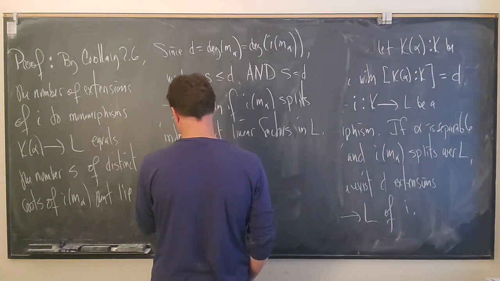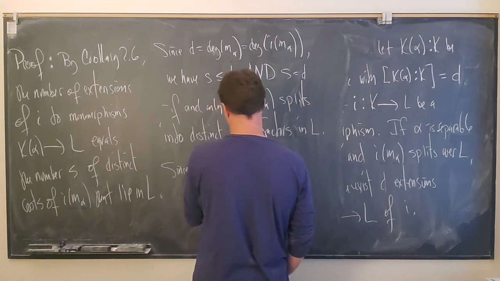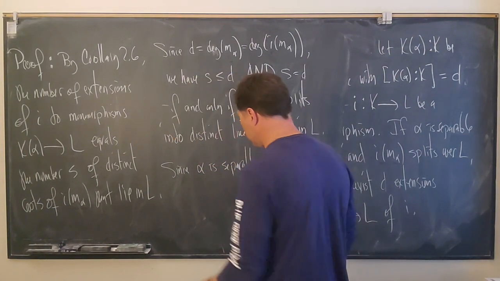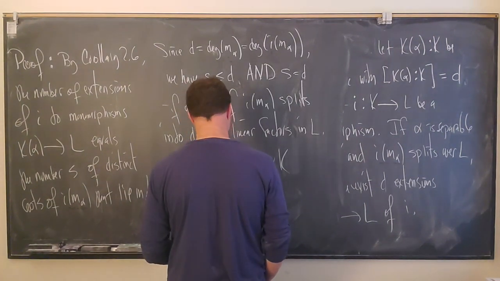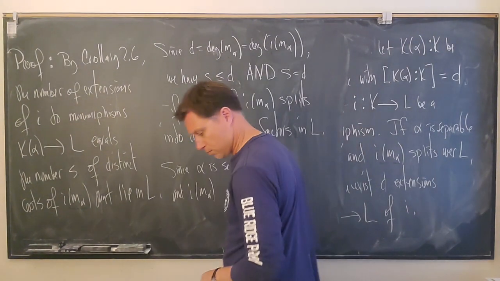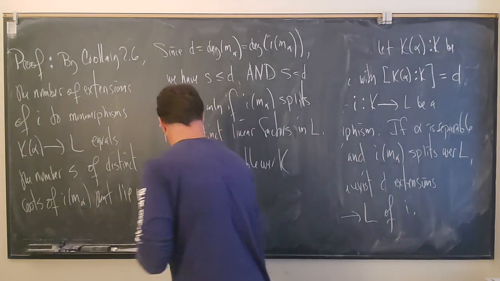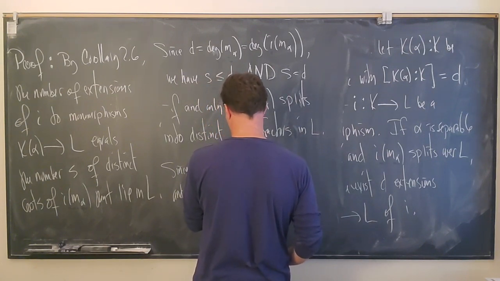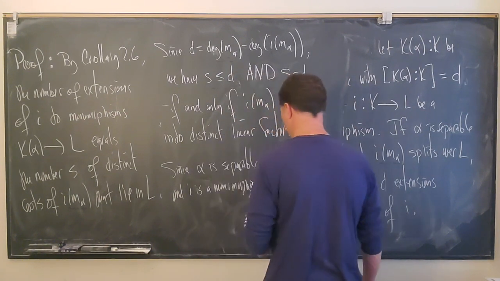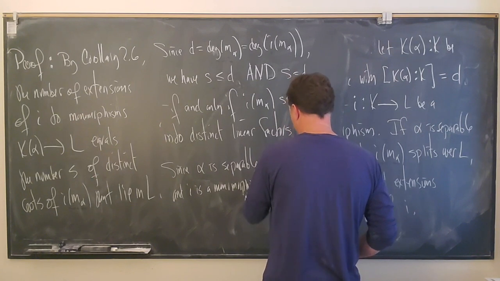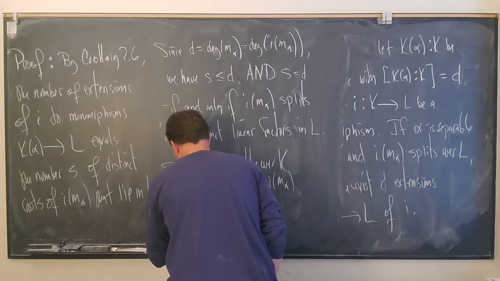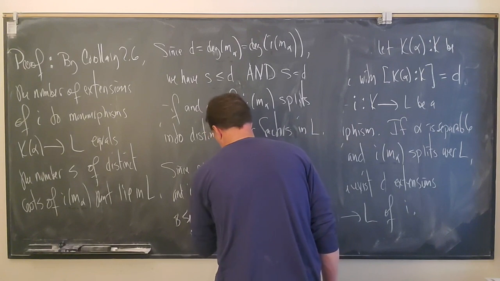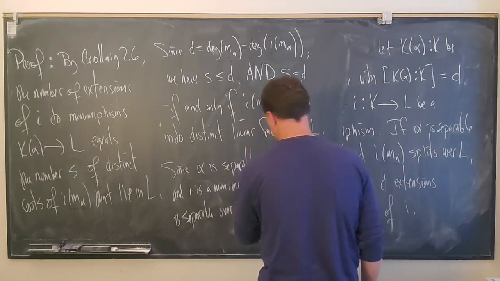Now, since alpha is separable over k, and I of m alpha, I gotta say this carefully here, and I is a monomorphism, I of m sub alpha is separable over I of k, which is sitting inside L, if you want to get technical.